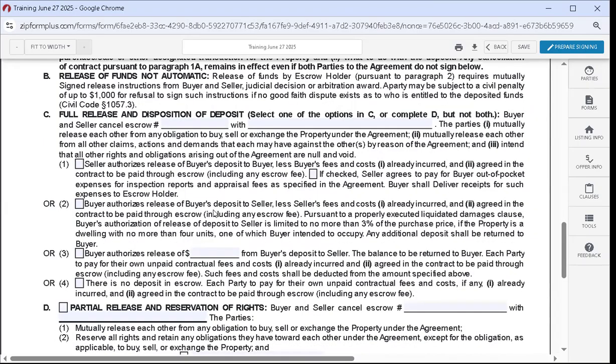Okay, so normally what I see when somebody's canceling inside of their contingency periods, mainly they're going to check one. Okay, and it's going to say that the seller does authorize the buyer's deposit to be returned to them, less any already incurred fees, including any escrow fee. But you can read all of these, but normally it's going to be this box here.